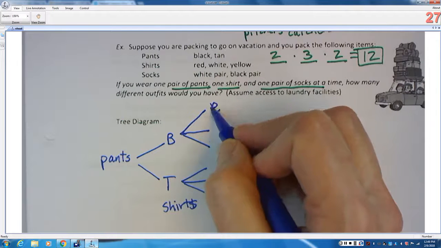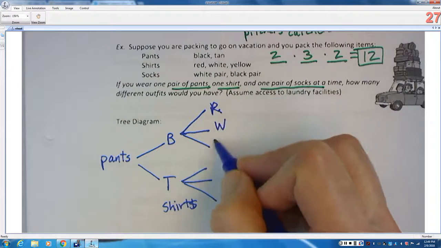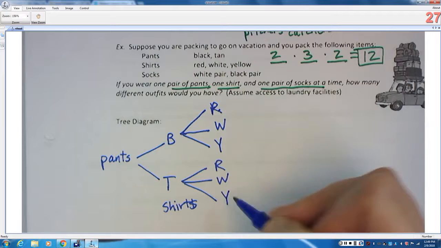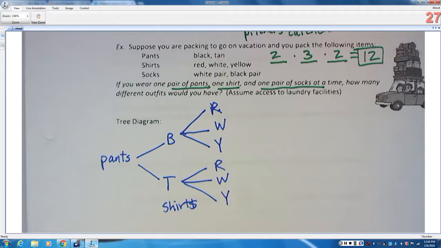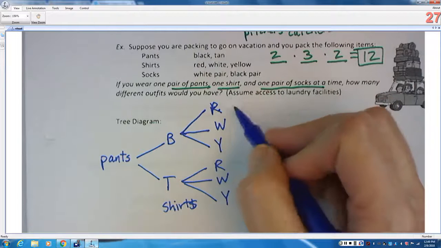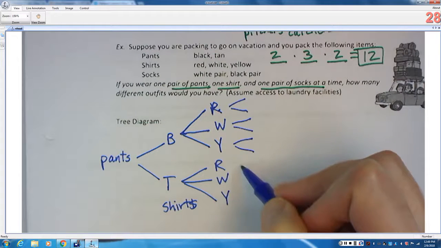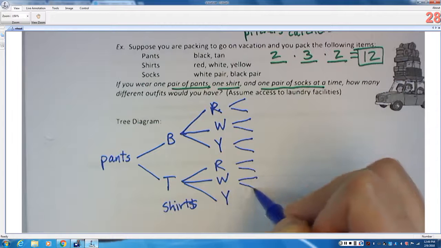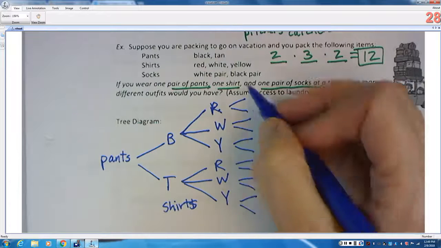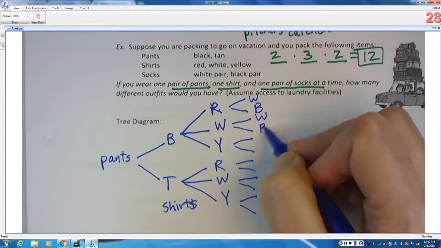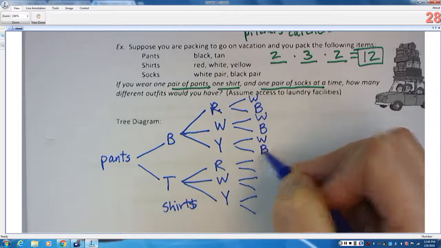R for red, W for white, Y for yellow. Red, white, yellow. And then if you're going to pick your socks, I'm running out of room. They're white and black. White, black, white, black, white, black.